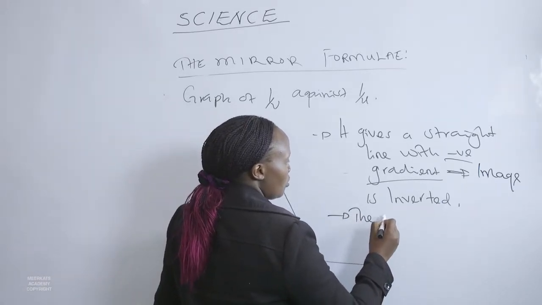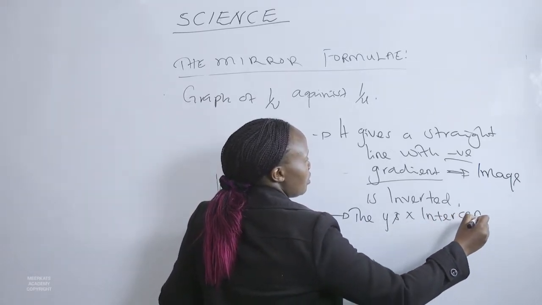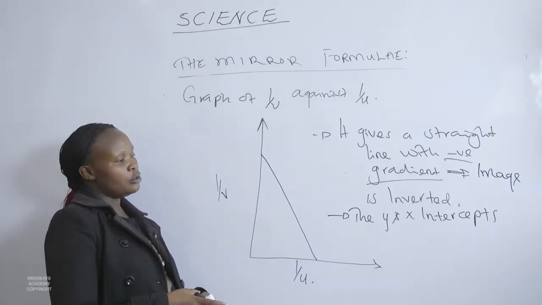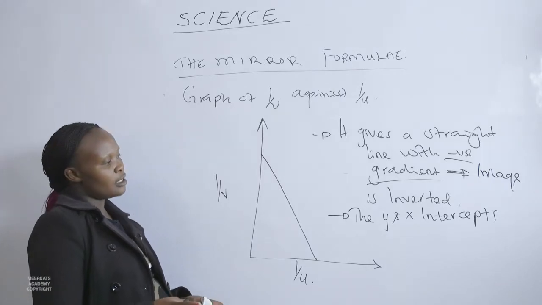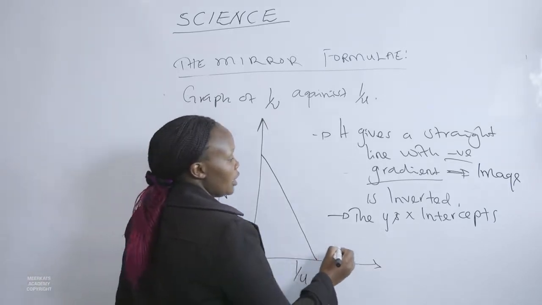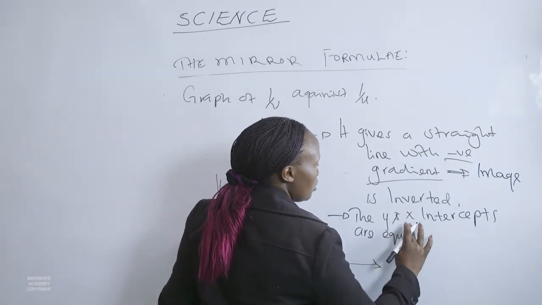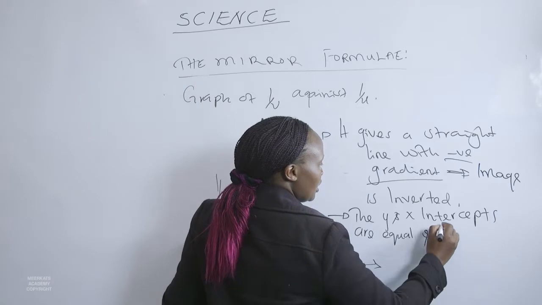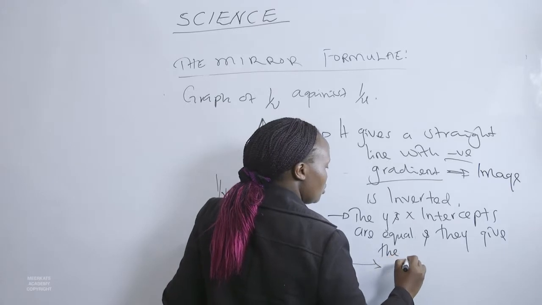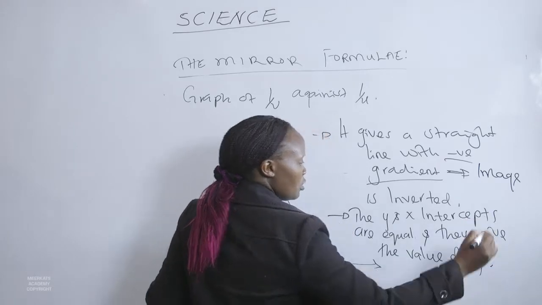Now, something else you are going to note: if you are accurate in the plotting of your graph, you will realize that the y and x intercepts of this particular graph are actually equal, and they give the value of 1 over f.